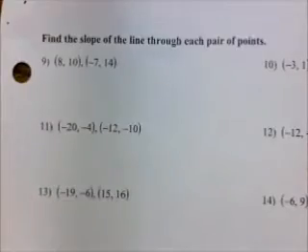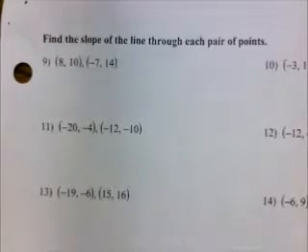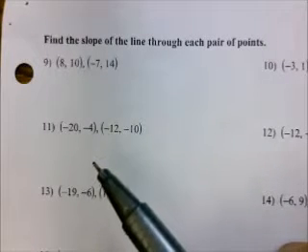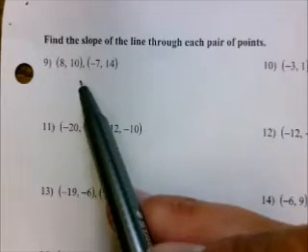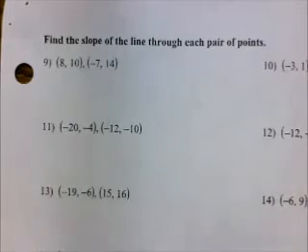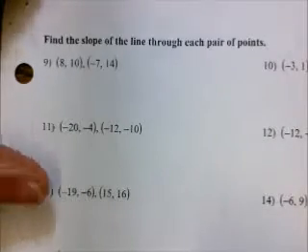So now we're looking at how to find the slope when they just give us the 2 points. And I said to you last week that if you wanted to, you could take a piece of graph paper and put those points on the graph paper. So I'm just going to show you how to do that.